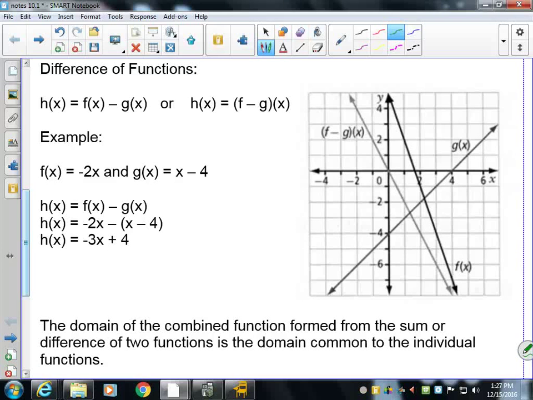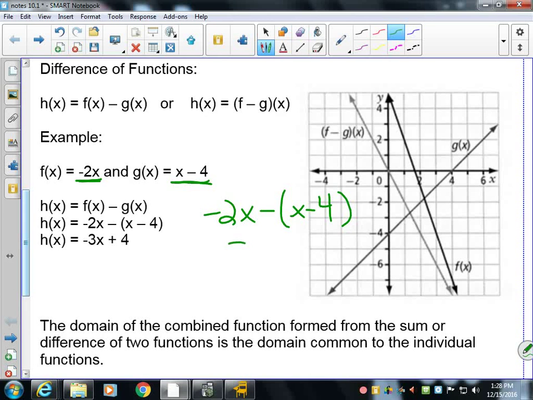Okay, so difference, same thing, except you have to subtract. So let's say we have f of x is negative 2x and g of x is x minus 4. And we want to find f of x minus g of x, or they write it as f minus g, right? So that's like negative 2x minus the quantity x minus 4. You have to remember that the subtraction goes into both parts of that g of x, okay?